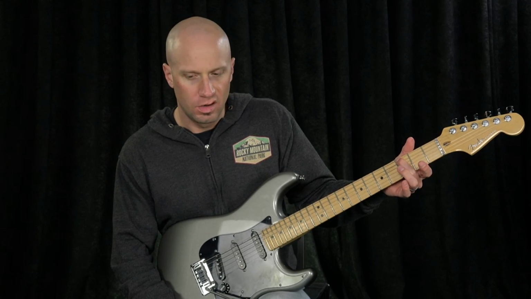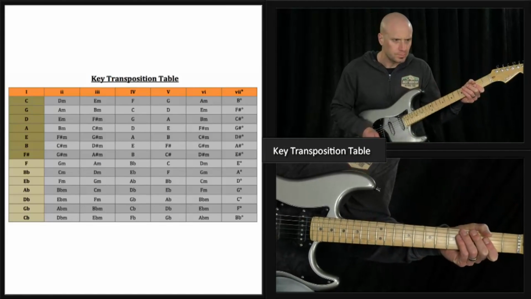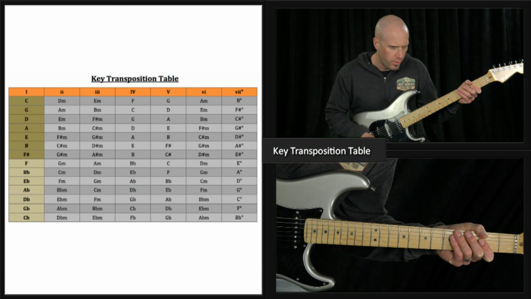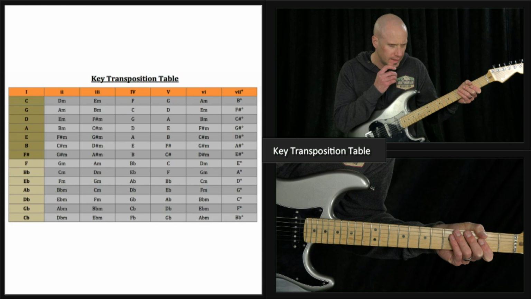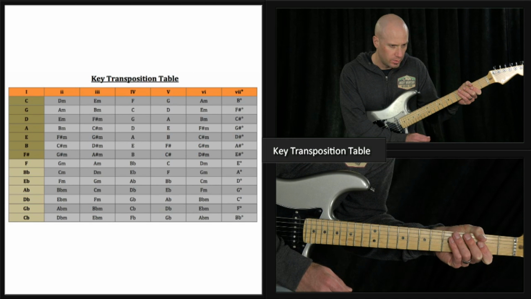What? Okay, let's look at our key transposition table and see what we can make sense of it modally. Okay, so E tonal center of major, that leaves us with Mixolydian, which we were in, Lydian. We would still have a G sharp if we were in Lydian, if you see that.